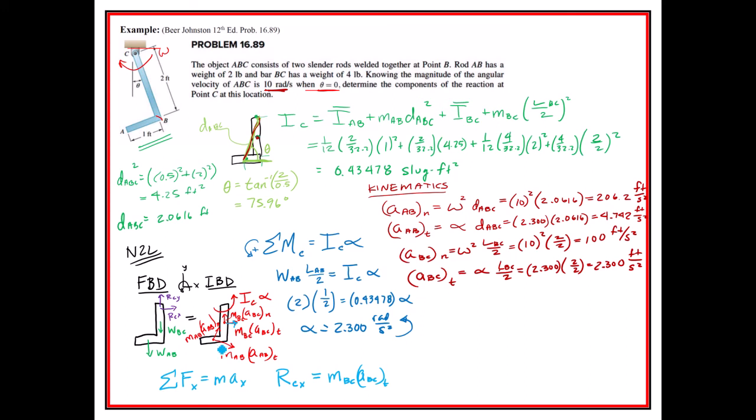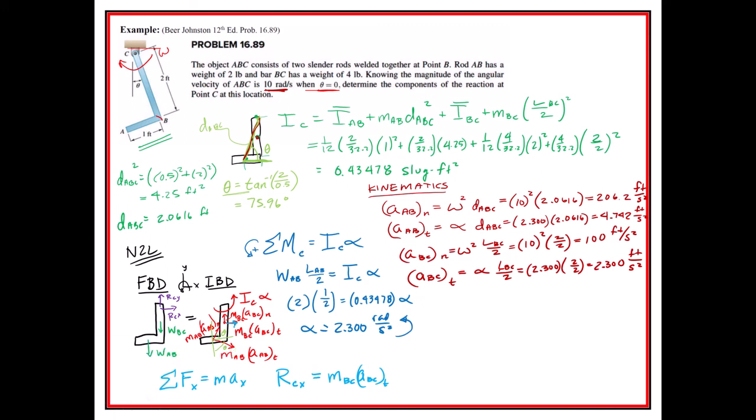Because this guy's right here is pointing to the right. But now we have to break this other guy into parts. So that's going to be this angle right here, that theta I described up above, and right here is also theta in the way that I've drawn it.